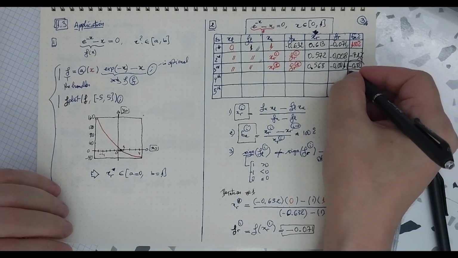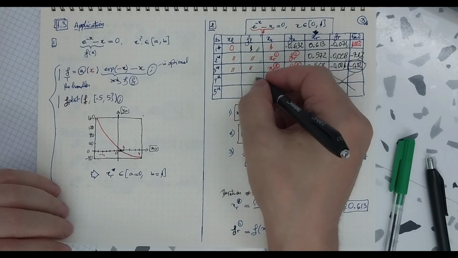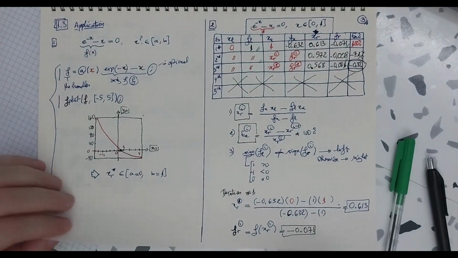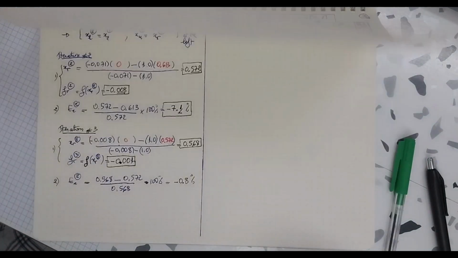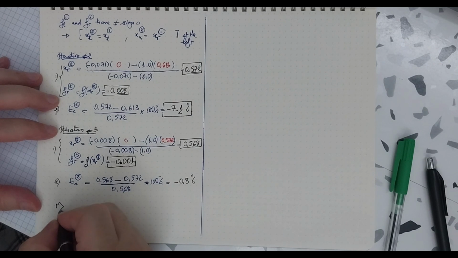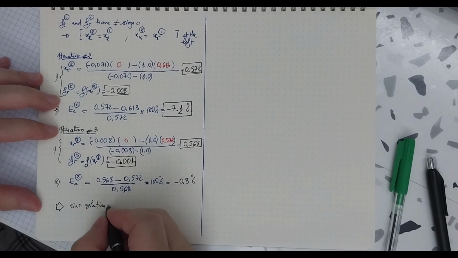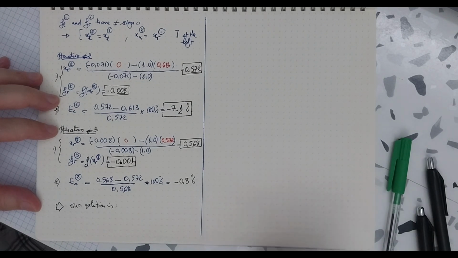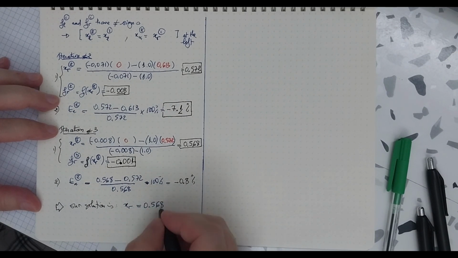The value here is less than 1%. I don't need to continue with the other iterations. I stop here, I take a look at the table, and I say that our solution is XR equal 0.568.